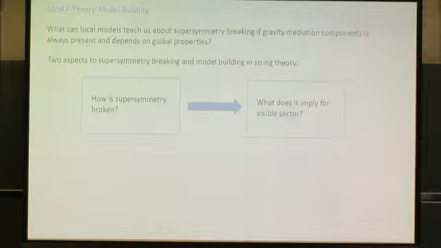I think I probably disagree with that criticism, because I think that there are 2 aspects to supersymmetry breaking and model building in string theory, from my viewpoint. The first question is, of course, how is supersymmetry broken? This is a very hard question, and something that, for example, large volume provides an answer for, but I think it's fair to say that this is a very hard question to answer in string theory in general.